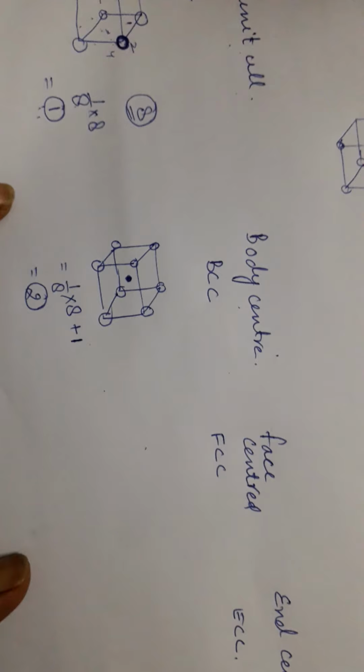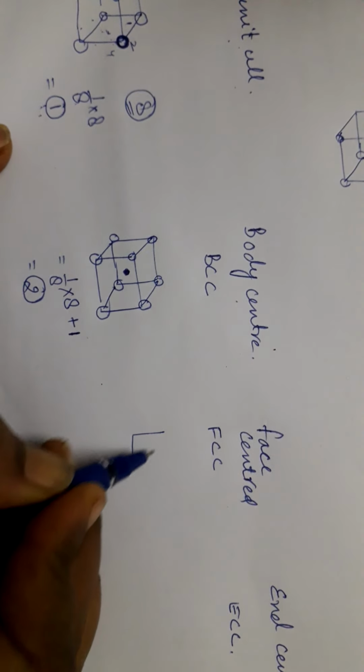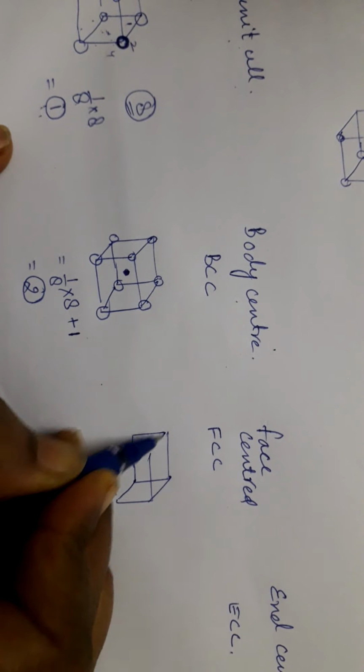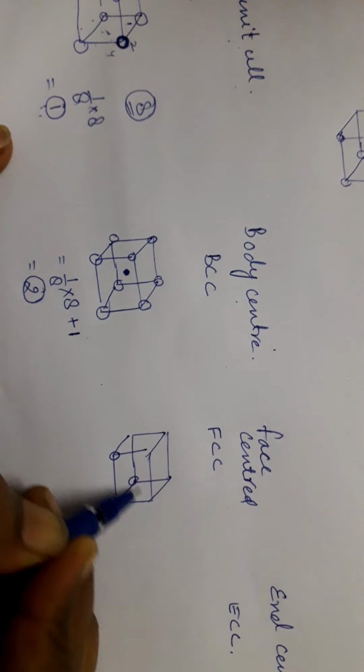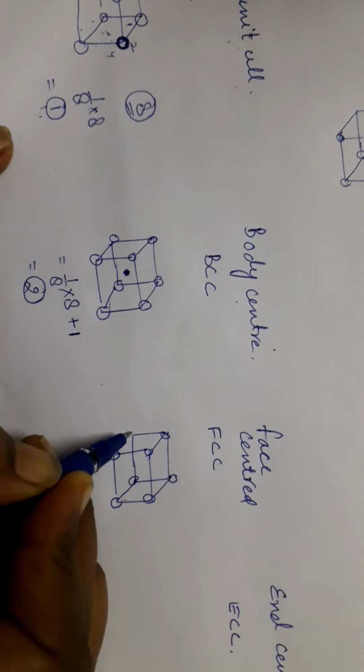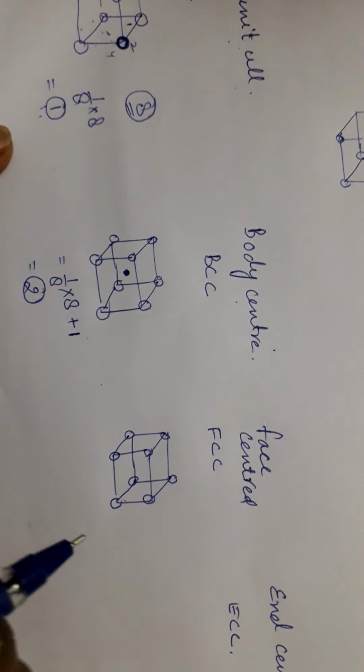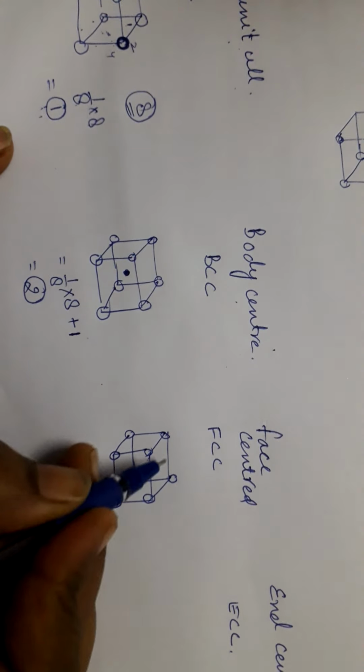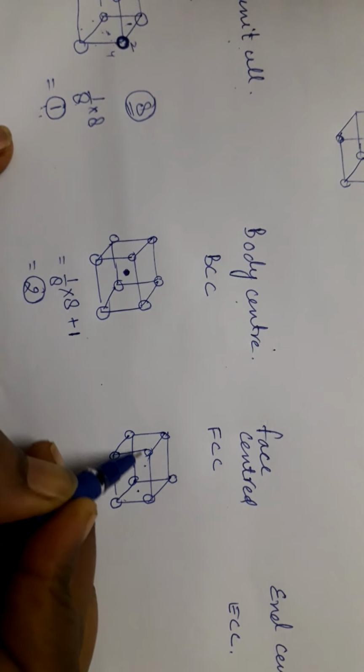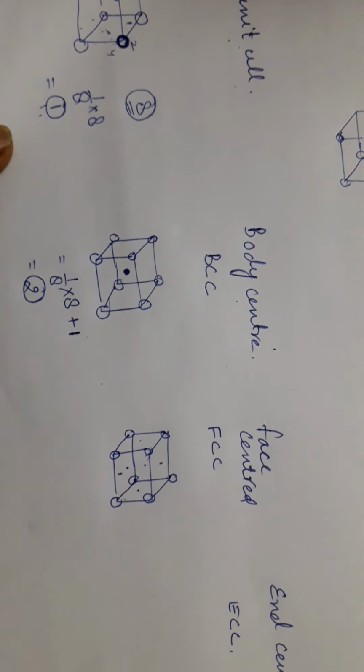Now in the face-centered cube, again the atoms are present at the corners, along with atoms at the center of each face. So we have 6 faces, 4 walls, up and down.